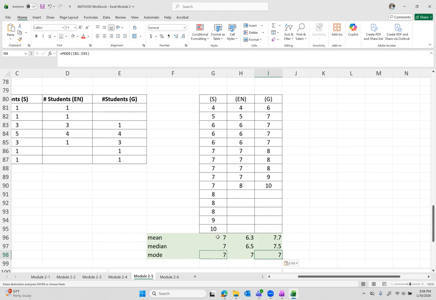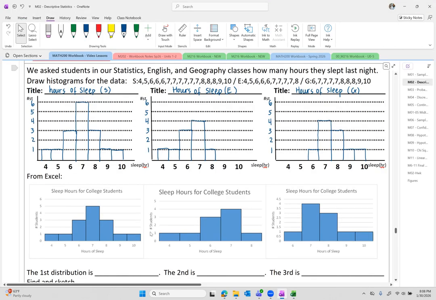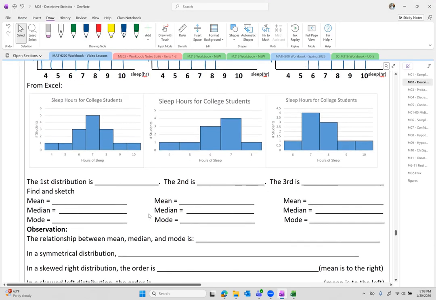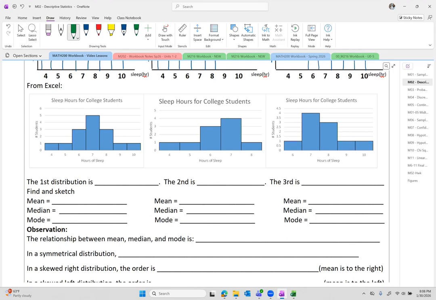And for the symmetric distribution, the mean is 7, the median is 7, and the mode is 7. So this is a symmetric distribution. The second was skewed left.